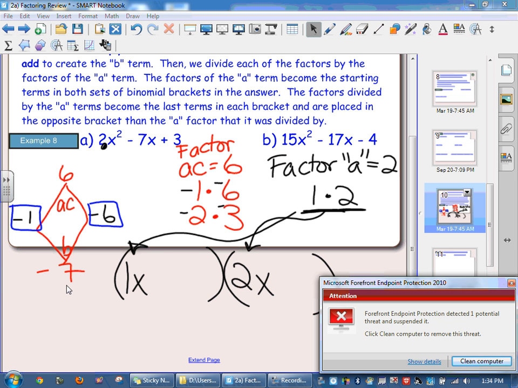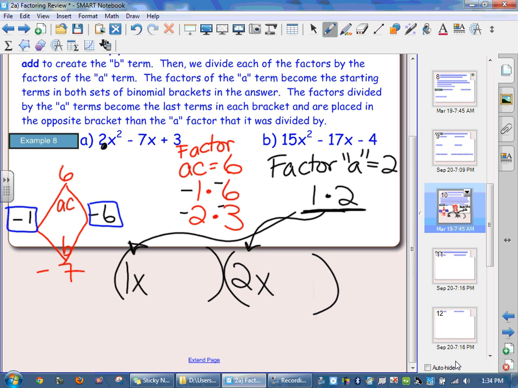If I take 6 and divide by 1, I get an answer that's not a decimal, which is perfect. But if you take the 1 and divide by 2, you get 0.5. So you're not going to divide the 1 by the 2. The 1 has to divide by the 1. This one divides by the 1, and this one is going to divide by the 2.